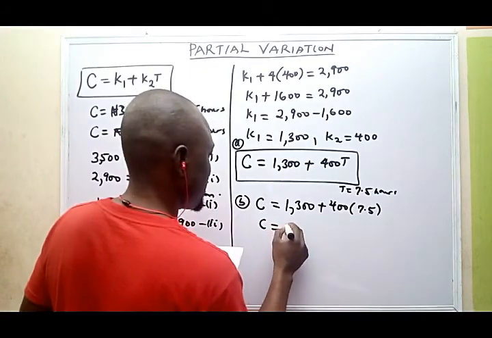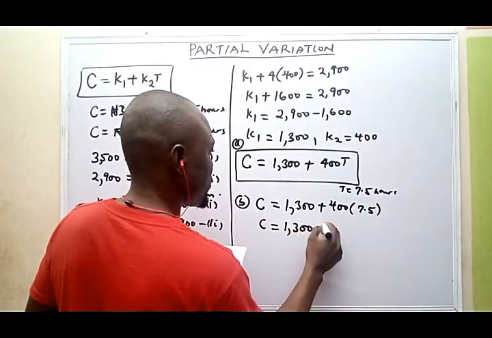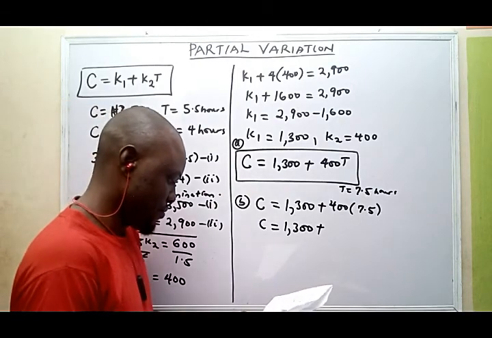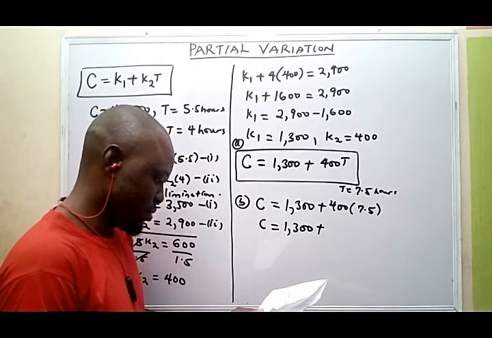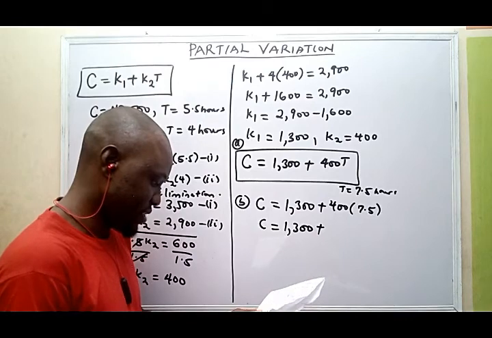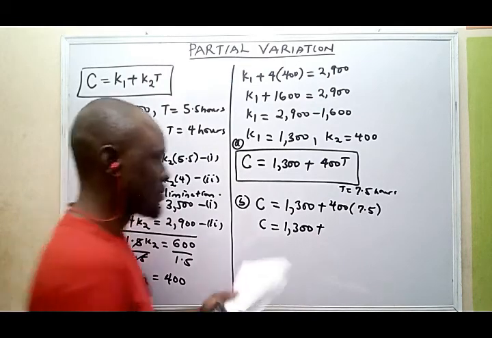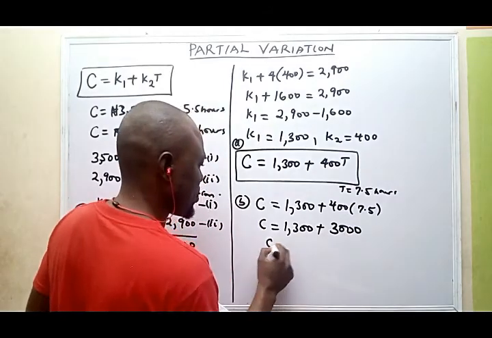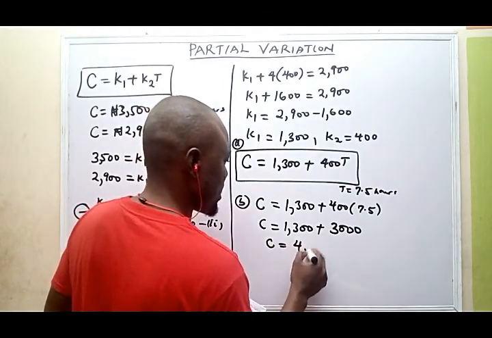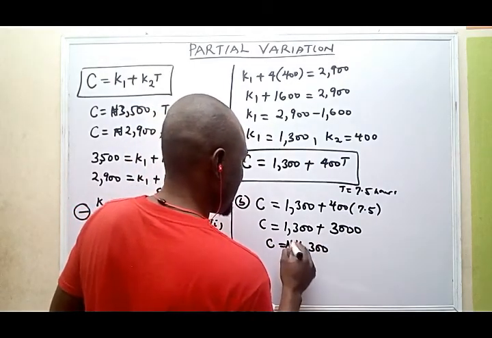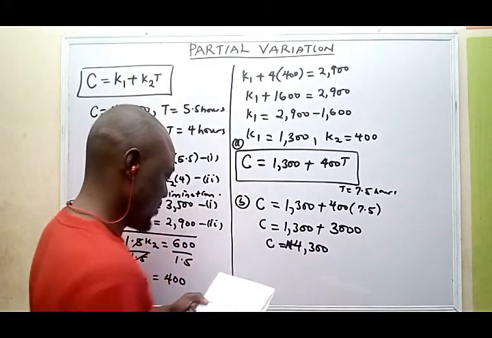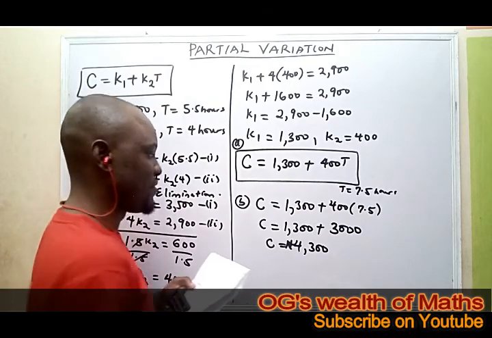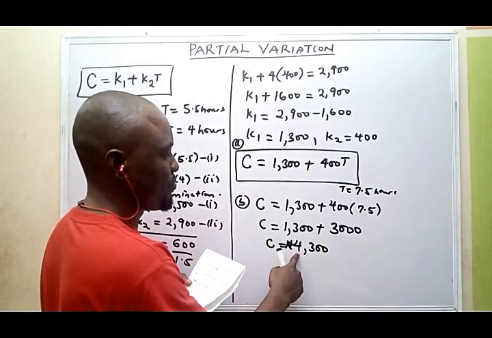So C is 1,300 plus 400 multiplied by 7.5, which is 3,000. So if I add this to that, the cost will be 4,300 naira. So the B part of this, the cost of a 7.5 hour service, is 4,300.